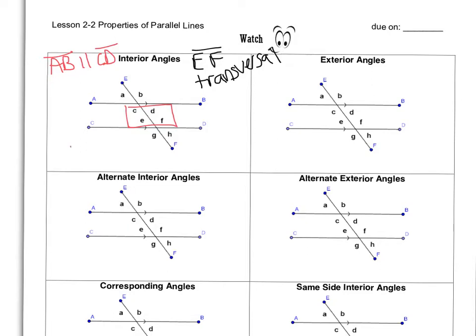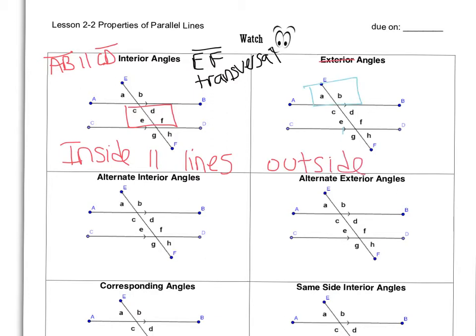So interior angles are inside our parallel lines. Exterior angles then would be outside the parallel lines. So we would have angles A and B and also G and H. Those are all your exterior angles.